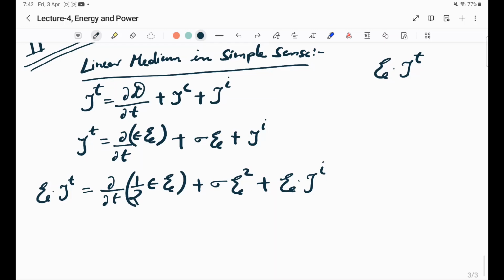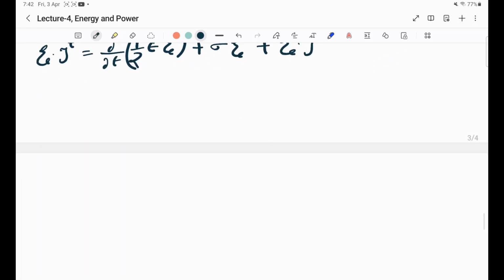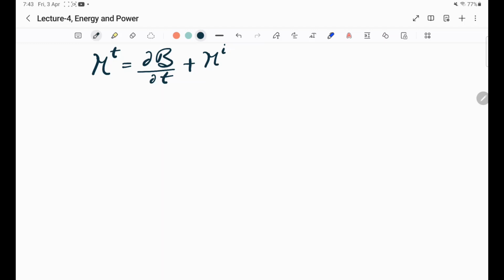Again, for a linear medium, in a simple sense, if we write the same equation for the magnetic current M total, which is equal to del B by del t, the magnetic displacement current, plus Mi, the magnetic impressed current or the magnetic source current.